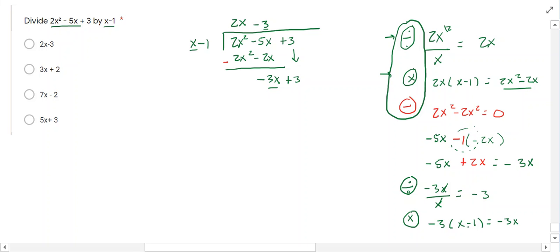Minus 3 by minus 1 is two negatives, and when we multiply two negative integers they give us a positive as the answer, so that's going to be equal to plus 3. Okay, so that's our answer. Then we just put our answer underneath here, so it's going to be minus 3x plus 3.